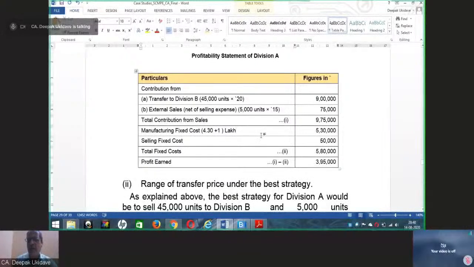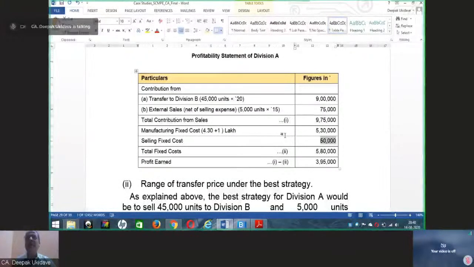So the fixed cost becomes 5,30,000. The working note is explained above. So 9,75,000 minus 5,30,000. Selling fixed expenses will be only 50,000. Please keep that in mind. These are fixed manufacturing costs, 5,30,000. Fixed selling costs are 50,000. Why? That also we have deliberated: any production beyond 10,000 units, any internal transfer beyond 10,000 units will attract the option of fixed cost.